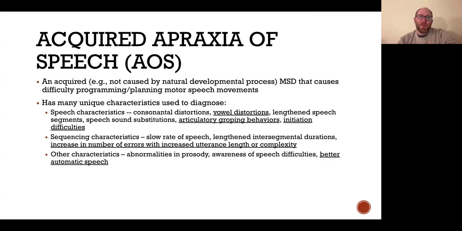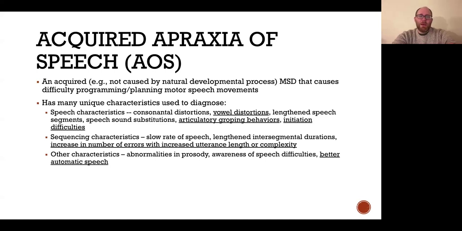So you might have something like a cerebral palsy that results in a dysarthria. You can have prenatal damage, peri- or postnatal damage. This would be after, in the postnatal period, something like a stroke or brain tumor, where it's acquired. It does cause that difficulty in programming and planning the movements needed for motor speech production.